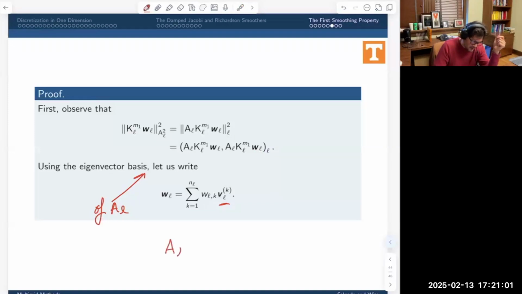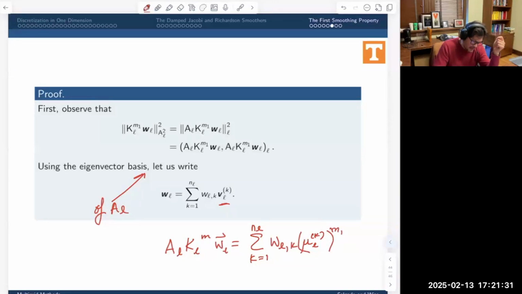Let's say I have to take AL, KL to the M, and I have to multiply it times WL. What do I get? I'm going to get a sum over K equals 1 to NL of WLK, but each one of these is an eigenvector of both these matrices. So I'm going to get mu LK, which has to be raised to the M1 power.